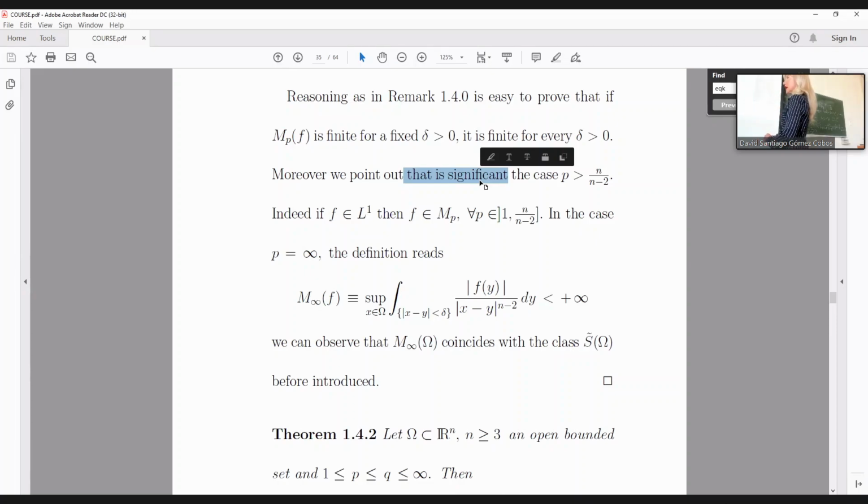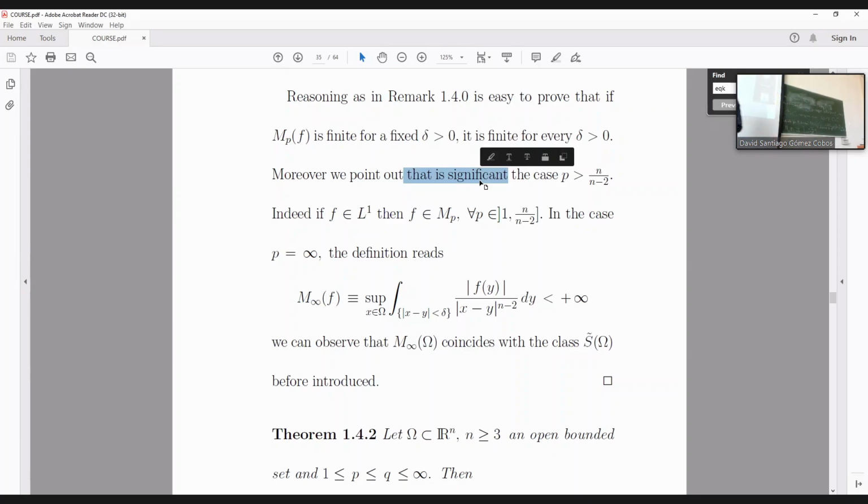So I have not written M infinity because probably it's a little bit simple. Okay, so we can observe that if we compare this M infinity and the Stummel class, where this is only bounded, not tends to 0, the spaces are the same.